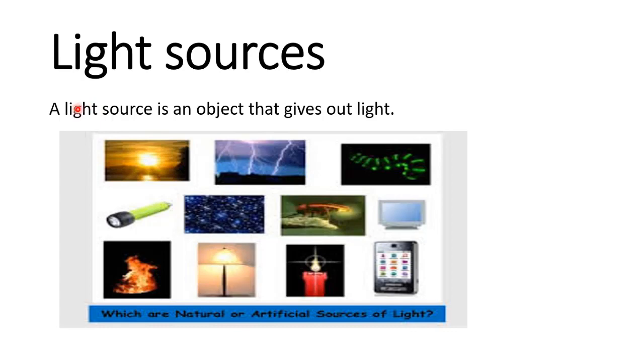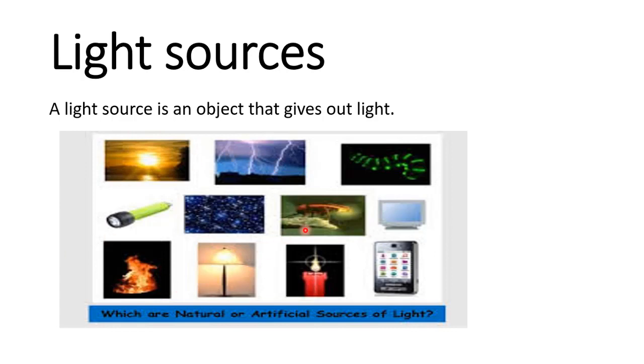A light source is an object that gives out light. Any object that produces light is called a light source. So we have two different kinds of light sources. I'm going to talk about them later on.